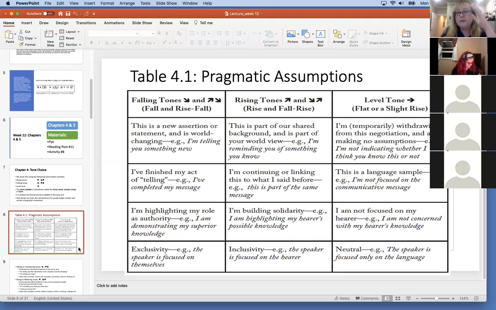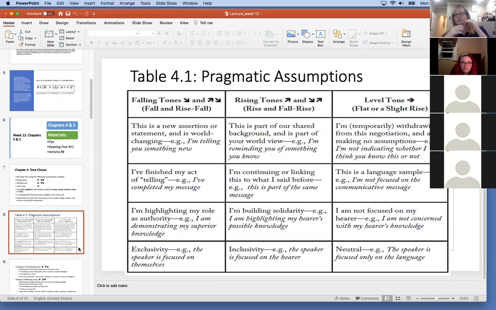So falling tones, we talked about this before last week. Falling tones, doesn't matter whether they're fall or rise fall, we use for new assertions or statements. So if you look at the top of the table, every time I've put in a kind of gloss. So a new assertion or world changing, i.e. I'm telling you something new.